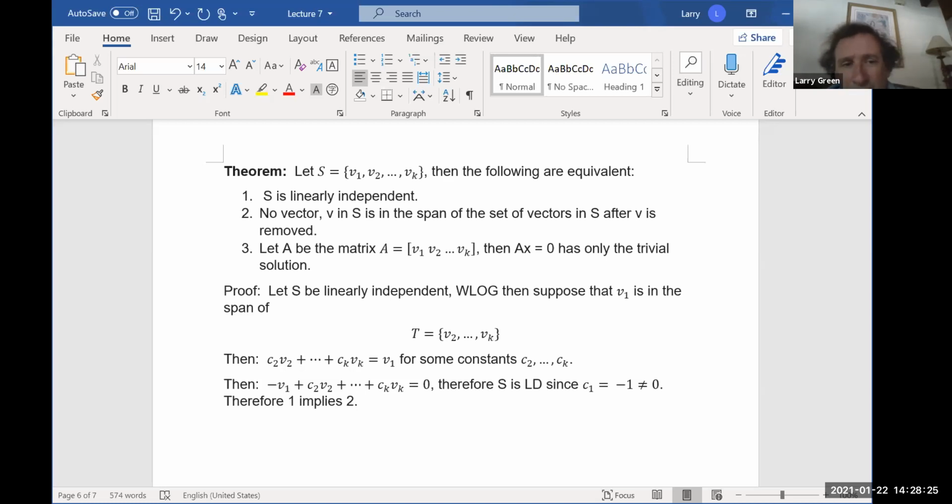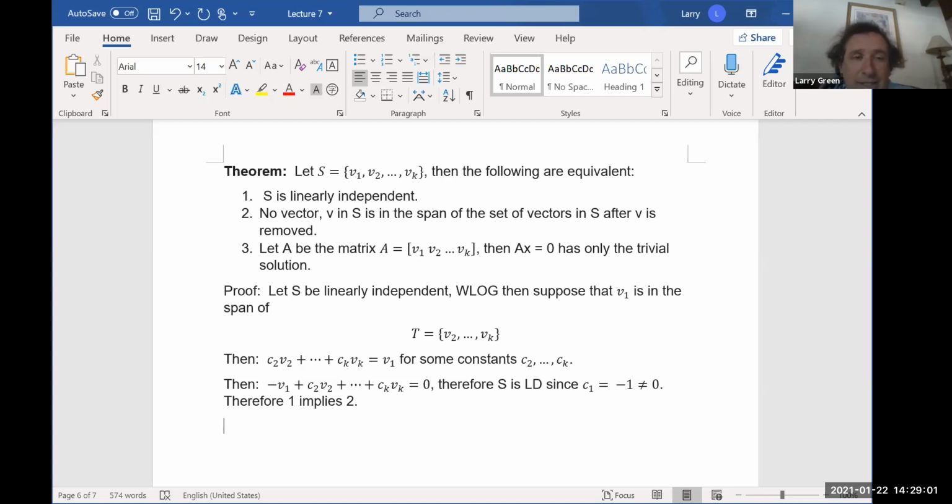Any questions on that logic? Make sense? Okay. So that's one direction. I'm not sure if I have time to do every direction, but that's one of the directions. If I want to go from 2 to 1, what would I have to do? Because for a TFAE, I have to do every direction, right?